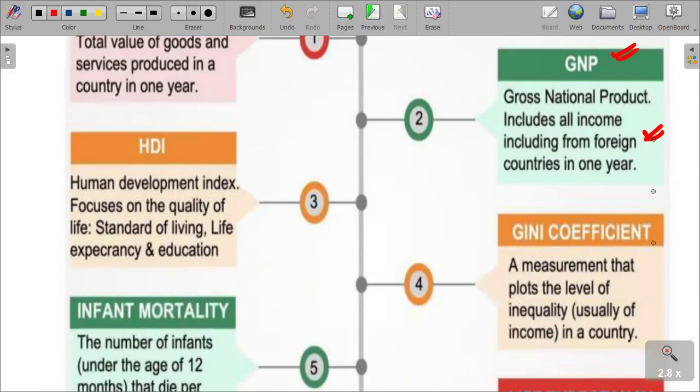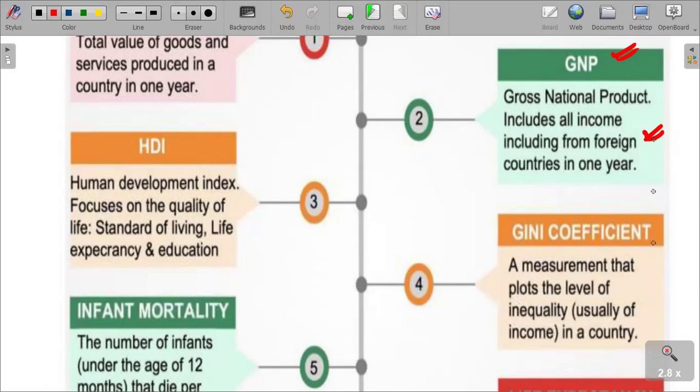Going on again, let me quickly talk about these factors and just quickly finish on them so that we can conclude on it. We want to look at the Human Development Index.